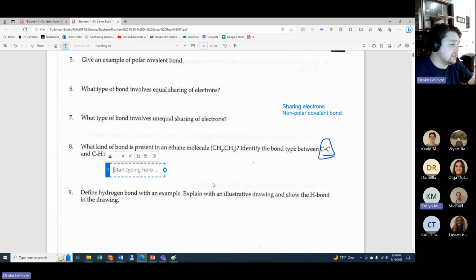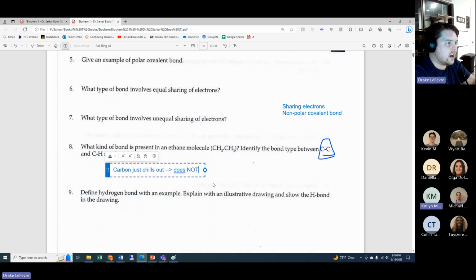And then C-H, carbon, hydrogen. First of all, is this going to be covalent or ionic? Does carbon typically give off or take on more electrons? What does it like to do? Carbon just chills out.